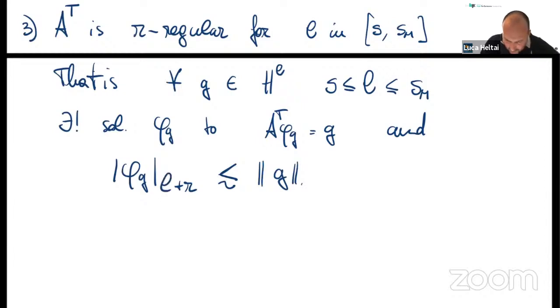This is L plus R, and this is L, for all L which is smaller or equal than S and greater or equal than SM. Okay.